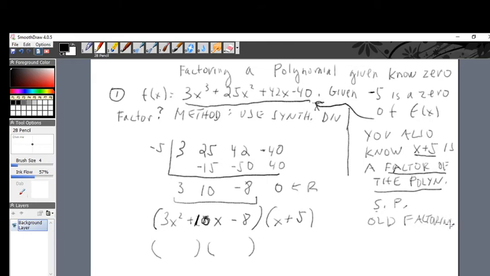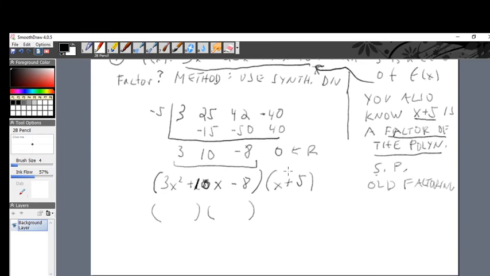Hold on, I need the piece of paper to move up. So we do an old-fashioned factoring job on 3x squared plus 10x minus 8, and you may remember that we take 3 times negative 8, which is negative 24.